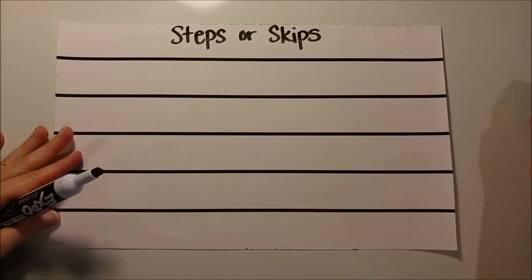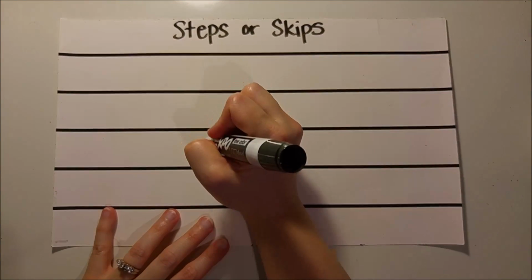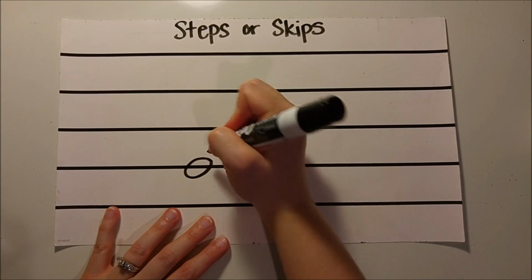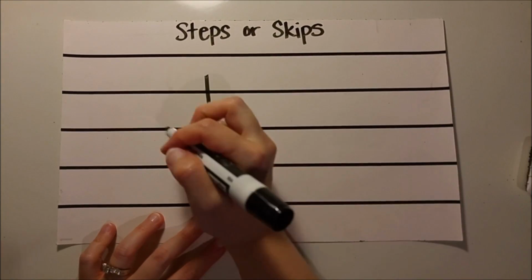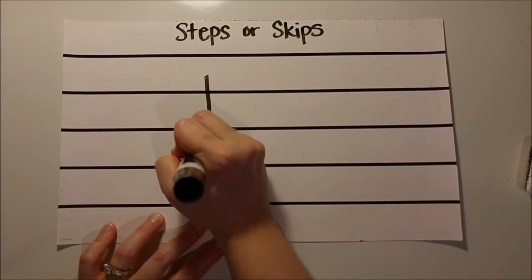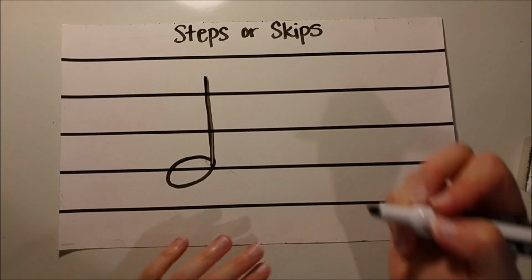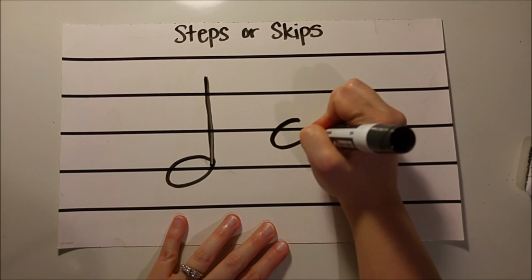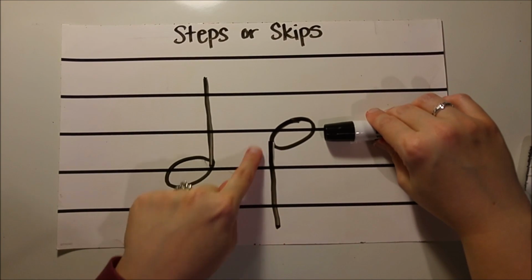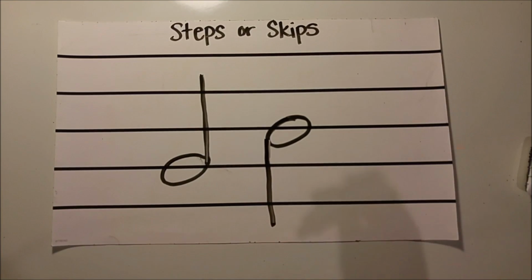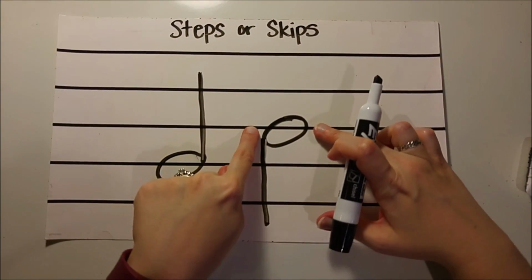Okay. Skips are going to skip something. So if we have here, that one was a little small for our giant staff. There we go. So we have this note and we have this note. Remember, it's on our middle line, so the stem gets to go down. Okay, this is a line to a line.